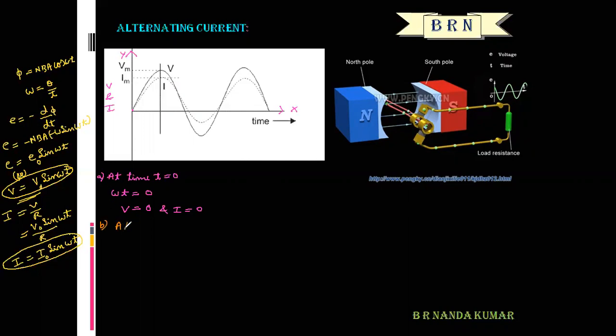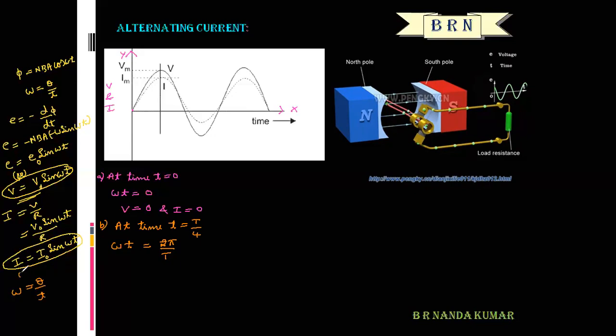So at time t is equal to T by 4. Then what is the value of omega t? Omega in terms of time period is 2 pi by T, right? For one complete rotation, omega is the rate of change of angular displacement.